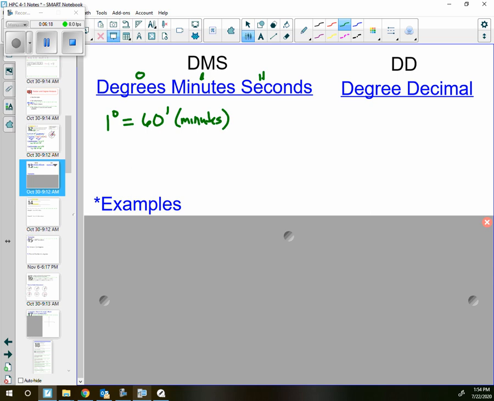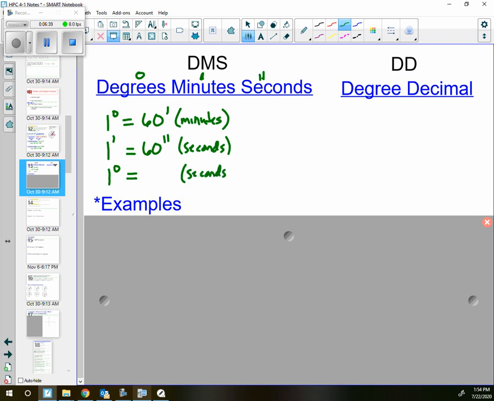Let's talk about minutes to seconds then. In 1 minute, how many seconds are there? Well, 60. So there's 60 seconds. And again, I'll say seconds here so you get comfortable with that lingo. What if we go all the way from 1 degree to seconds?